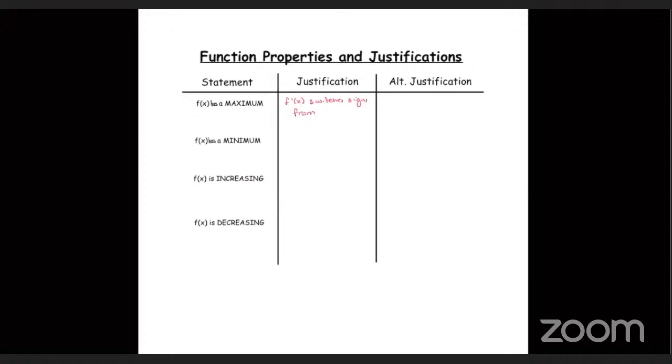If it's going to be a maximum, it would switch signs from positive to negative, and you can abbreviate it that way. An alternate justification, we could run this through our initial function of f, and that would be that f switches from increasing to decreasing.